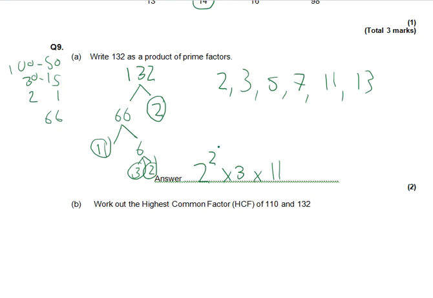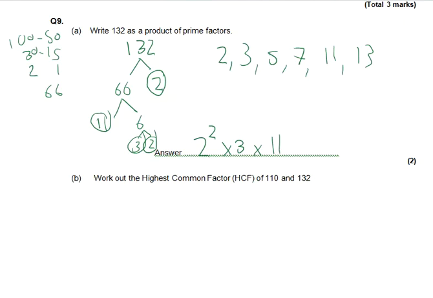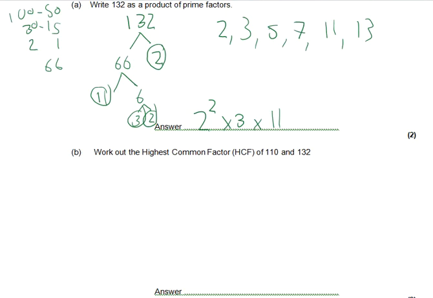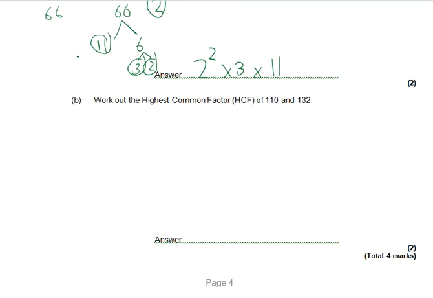Work out the highest common factor of 110 and 132. With this one, we're going to have to write down 110 as a product of primes. Again, I'm going to go for 11 and 10 first of all, and 5 and 2.